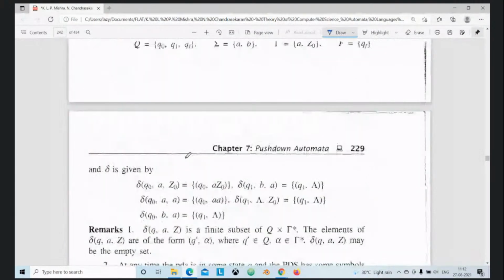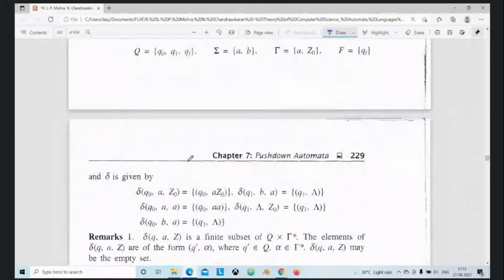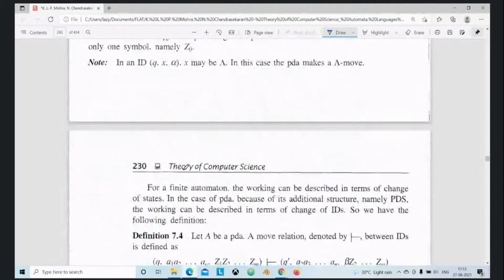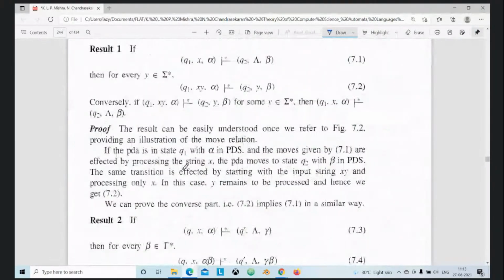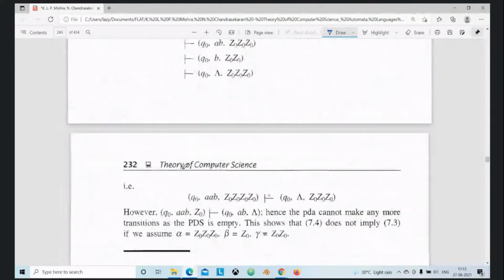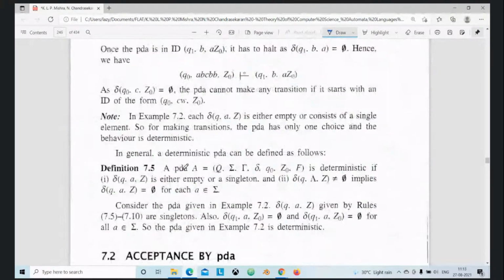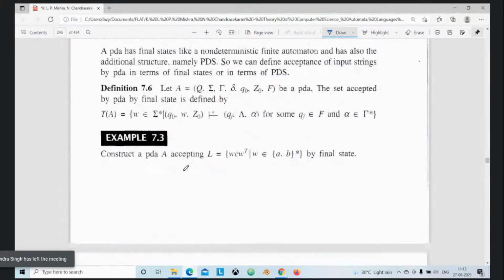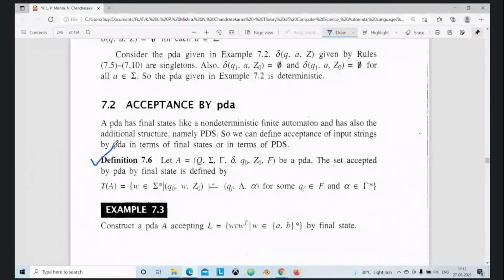By these two means, we can accept the string. So this definition we have seen, I think.